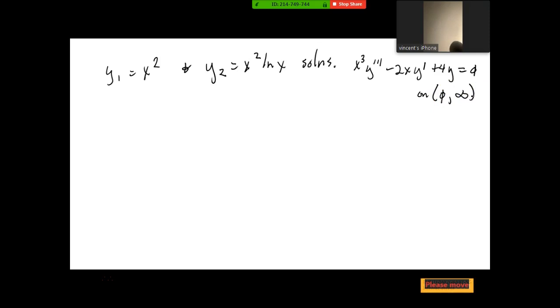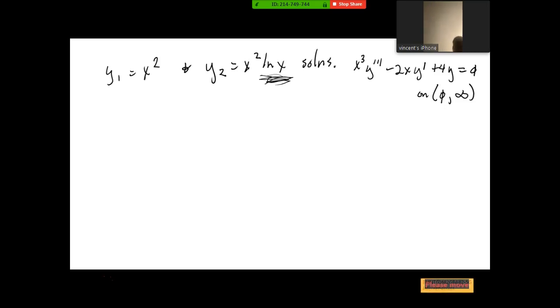Now, first I want to ask you a dumb question. Why that domain? Why 0 to infinity? This is the values that x can take on. Any ideas? See that log x there? X can never be negative. X can never be 0.